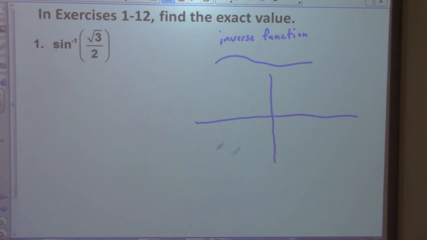So in this case, we're going to go between -1 to 1, and we're going to range from pi over 2 to negative pi over 2. And so we're going to get a different type of arrangement here. And what that looks like is, it's going to look something like this.